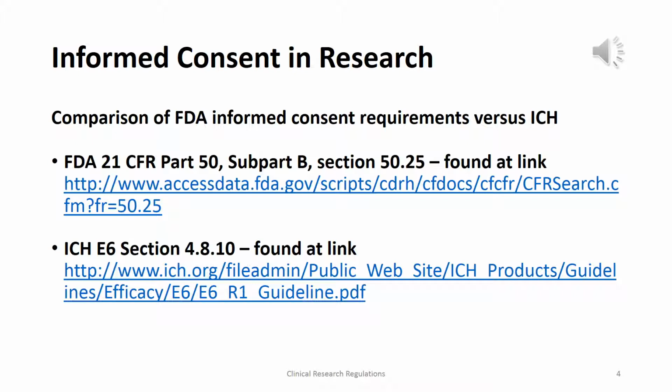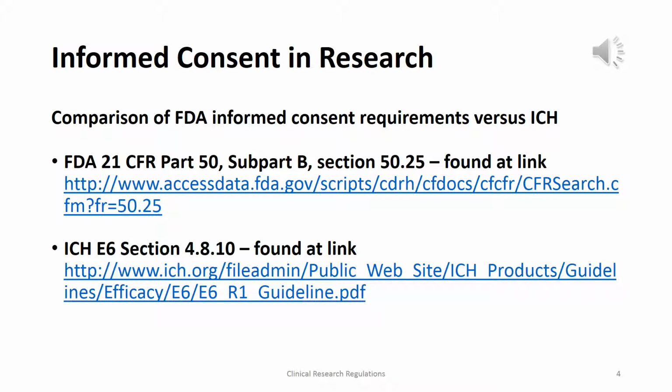There are also links to the informed consent requirements for both the FDA and also for ICH. FDA 21 CFR Part 50, Subpart B, Section 50.25, which is found at the link below on the slide.